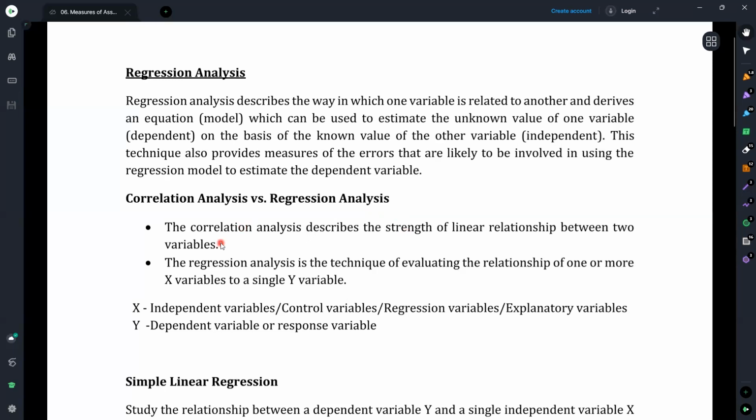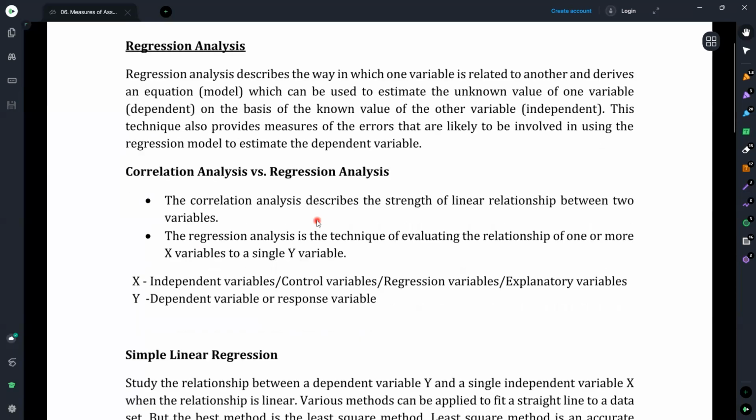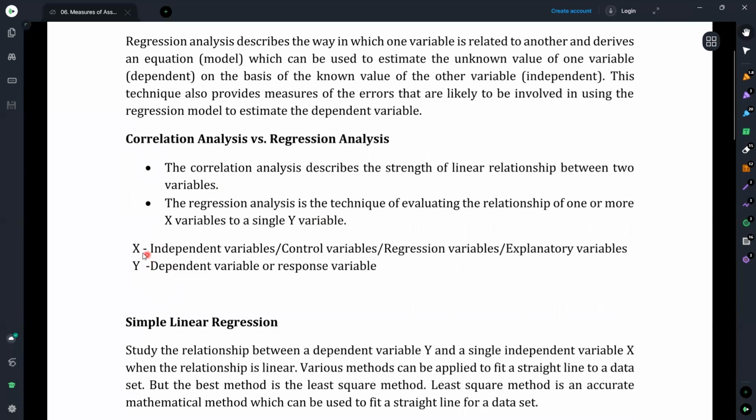When performing regression analysis, first we need to determine the independent variable and the dependent variable. Generally, we denote the independent variable by x. Other names for the independent variable are control variable, regression variable, and explanatory variable.